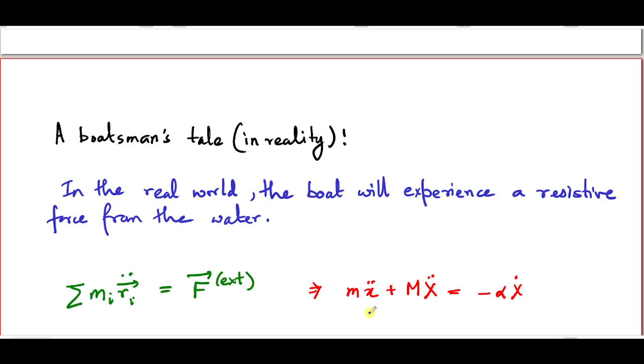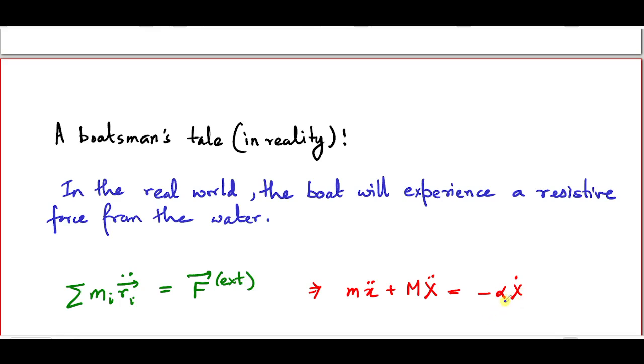And so if you denote the coordinate of the boat by capital X and that of the boatman by small x with respect to some common origin, you will end up with this equation. Small m times small x double dot plus capital M times capital X double dot is no longer 0. It's proportional to capital X dot, the velocity of the boat through the water.